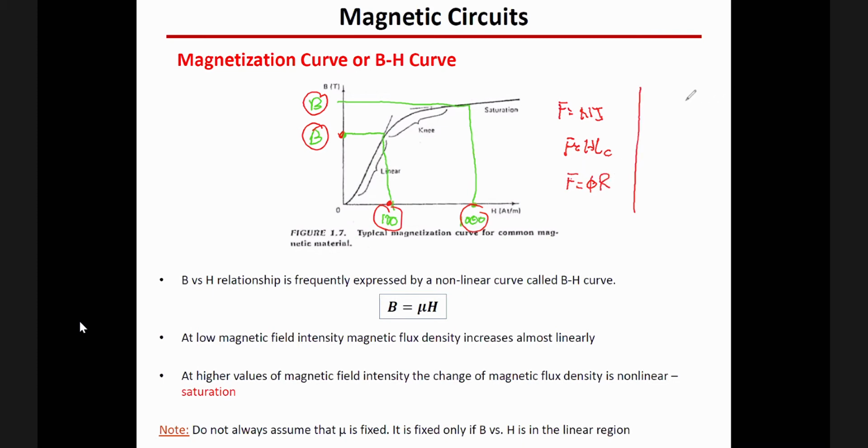We have also some equations like flux is equal to BA. B is equal to mu H. And yeah, this is what I remember. B equal to flux over A, which is the first one. Yeah, this one.